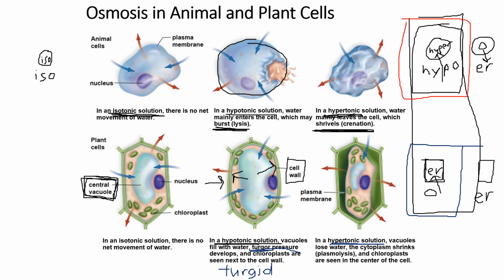This would be like salt water or Gatorade or soda. The plant cell would be on the hypotonic side, because the outside is hyper, it's higher. That means the cell would be lower. Water will move towards the hypertonic side, so out of the cell. And that will cause our cell to shrivel.